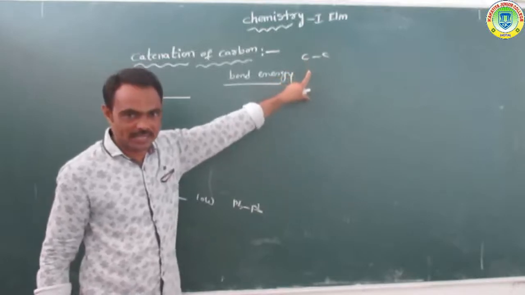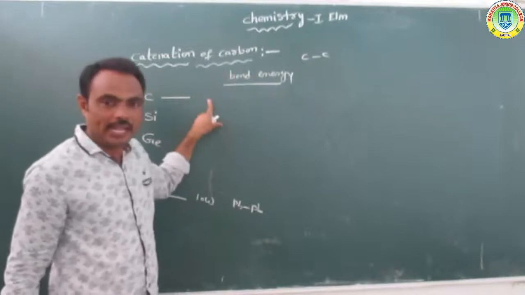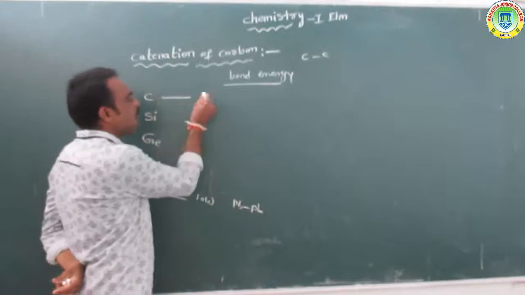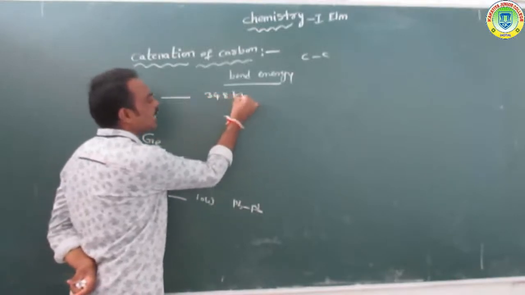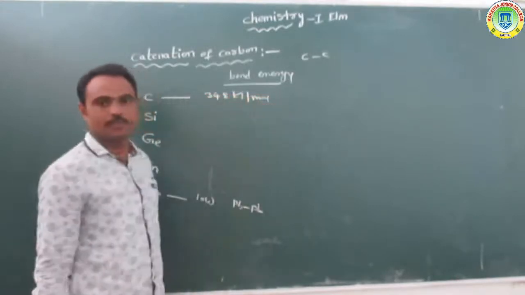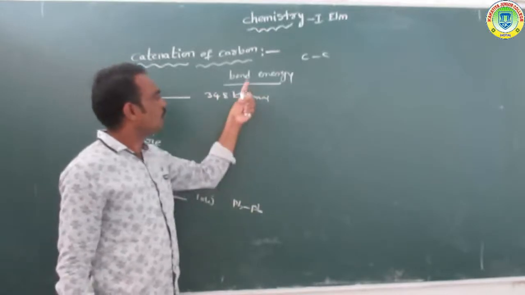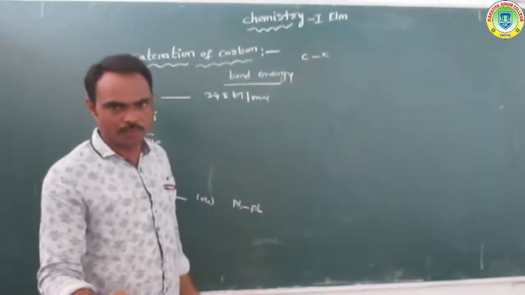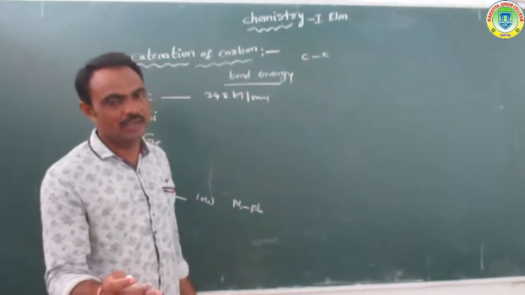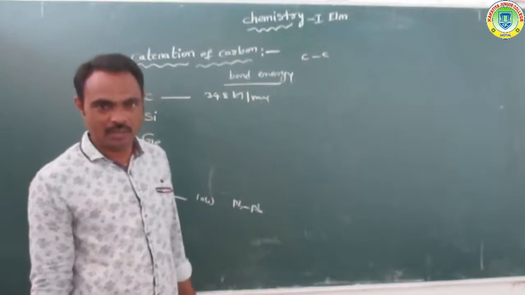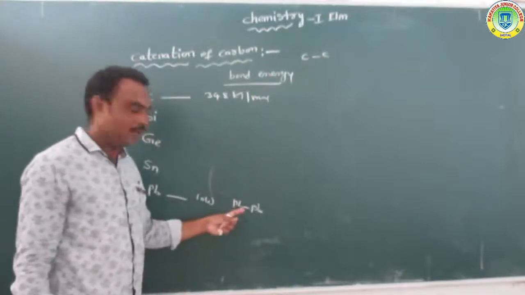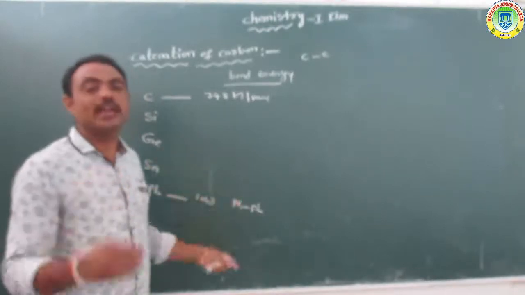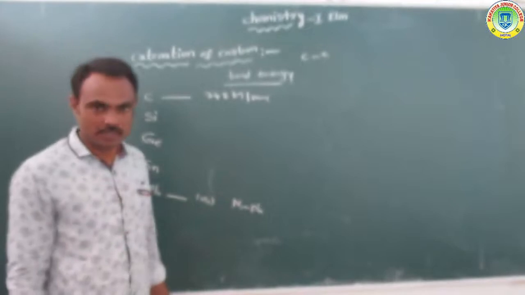Due to this reason, carbon has very high catenation capacity. Carbon has 348 kilojoule per mole bond energy between carbon and carbon. It is very strong bond energy, but the remaining lead, tin, germanium have very low bond energy between their atoms.